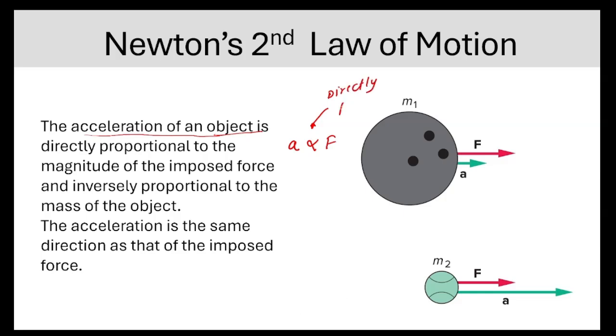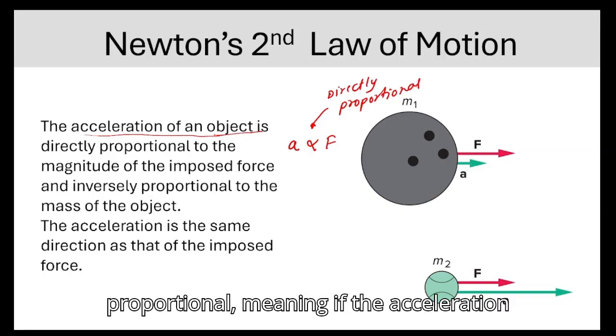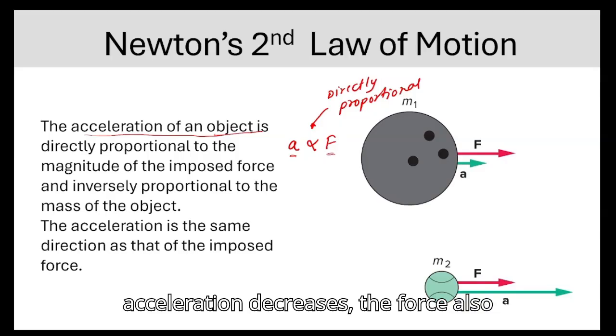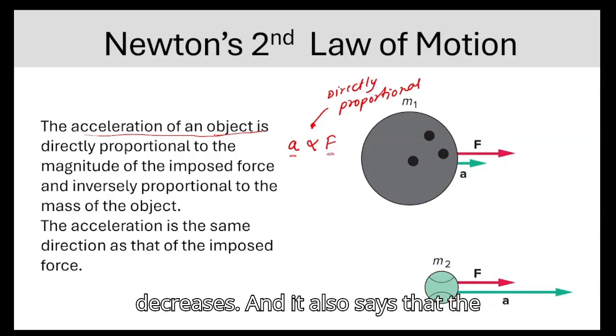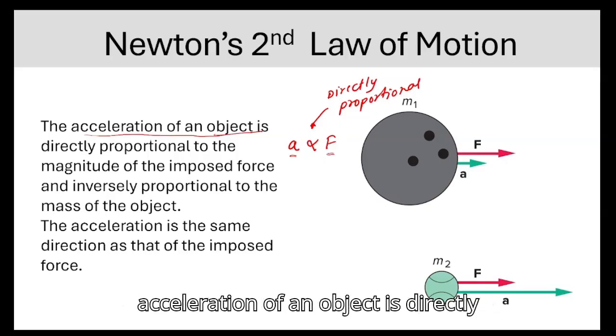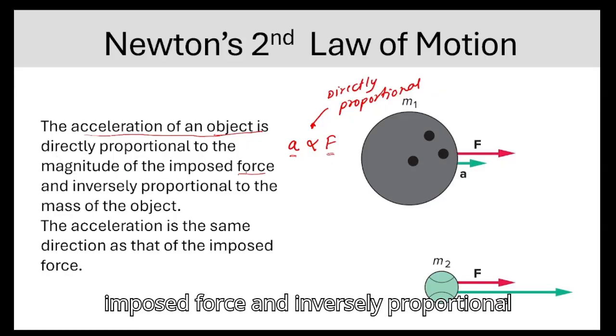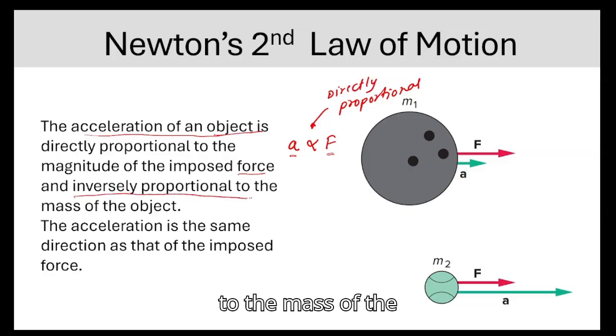Directly proportional means if the acceleration increases, force increases. If the acceleration decreases, the force also decreases. And it also says that the acceleration of an object is directly proportional to the magnitude of the imposed force and inversely proportional to the mass of the object.